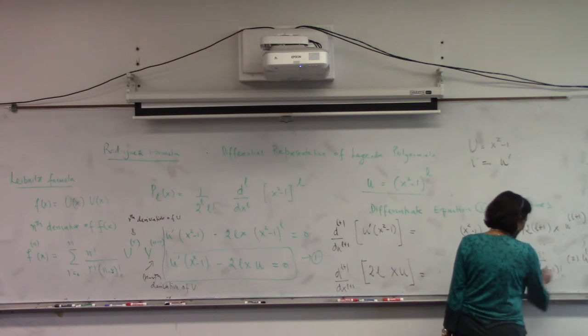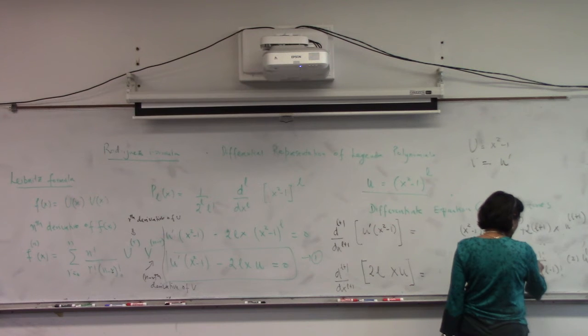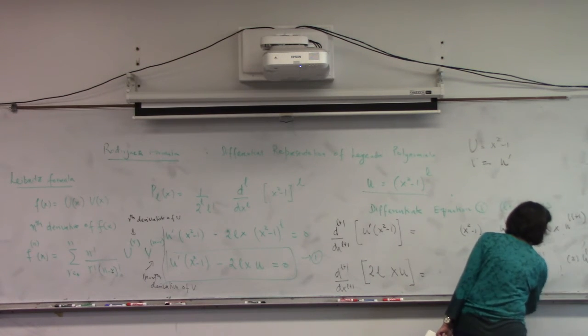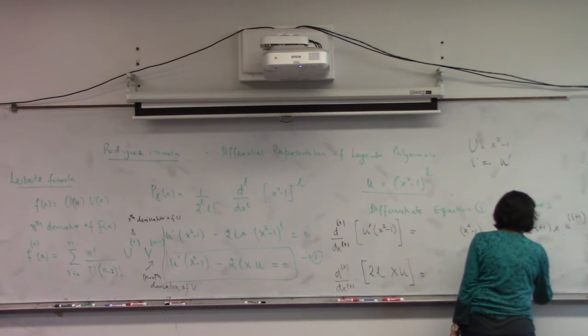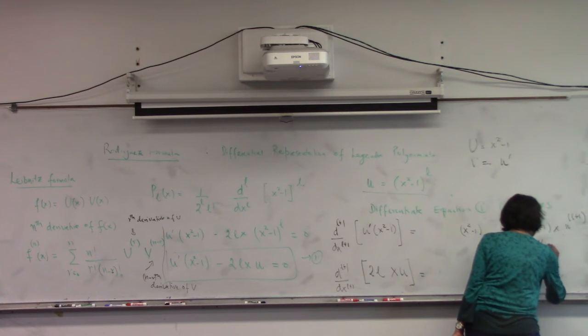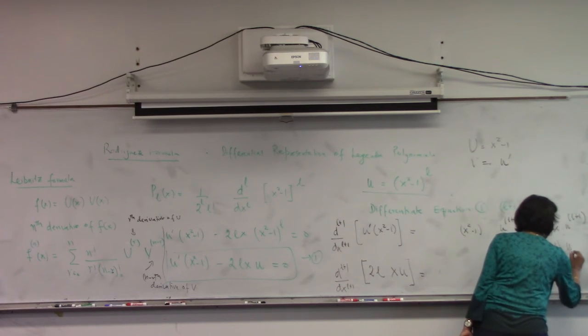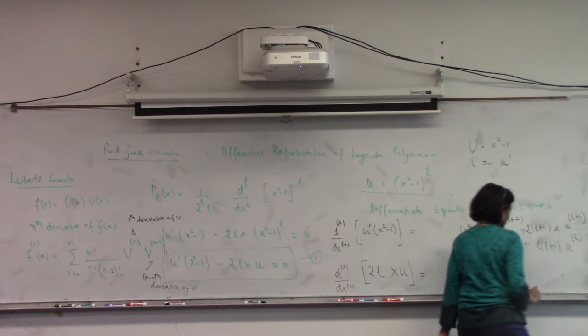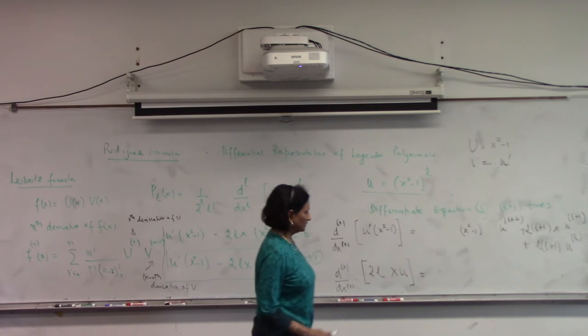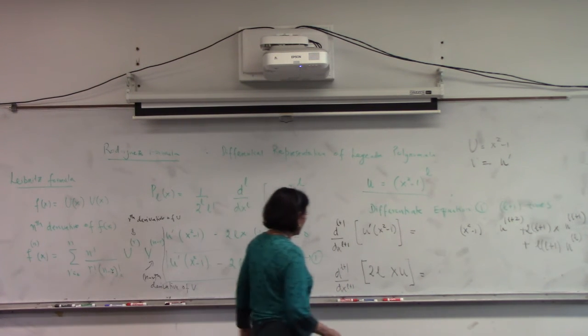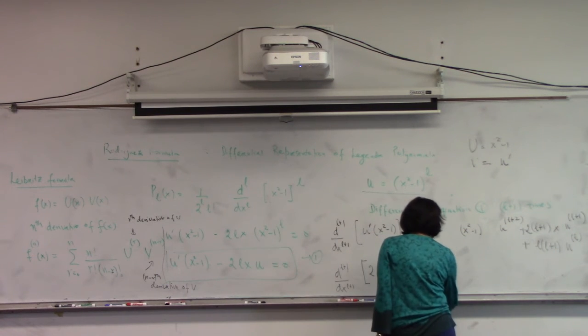So 2 and 2 will cancel, it looks like here. So it is L times L plus 1. Is this clear? I mean, we're just going term by term here. All right, what about the next one? What should I write?